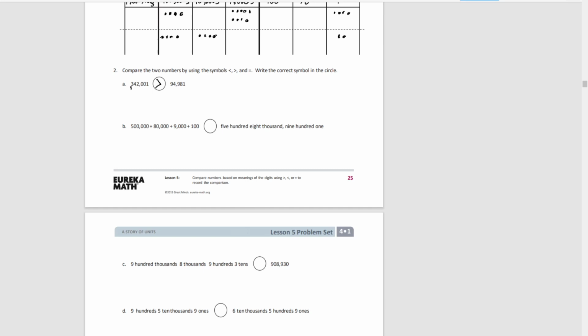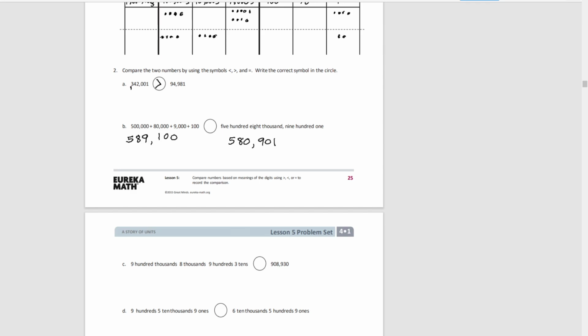Okay, again, one possible strategy is to turn both of these numbers into standard form. So we have 500,000, 80,000, 9,000, 100, no 10s, no 1s, and over here we have 580,901.